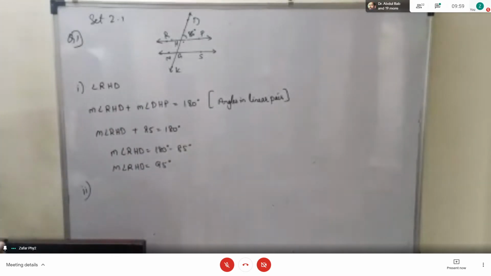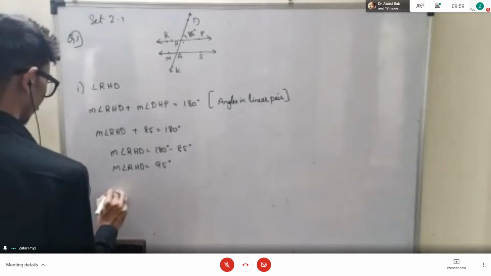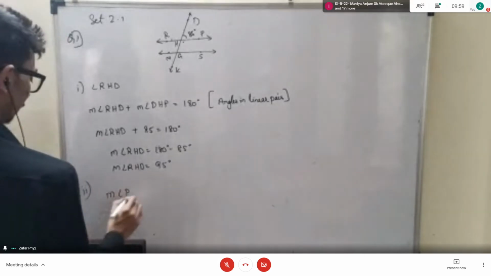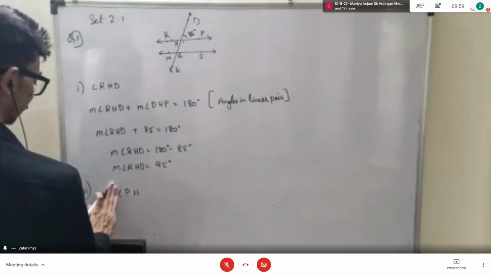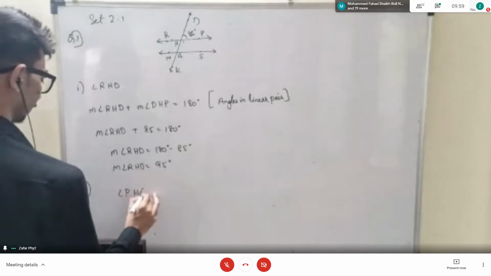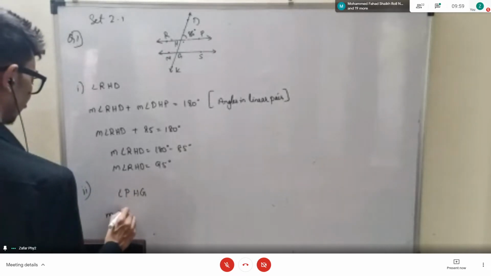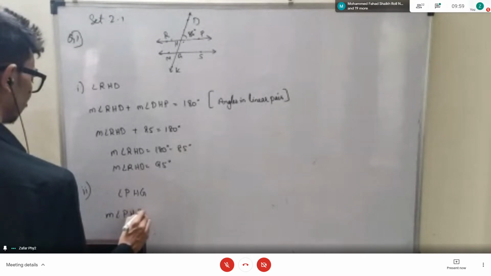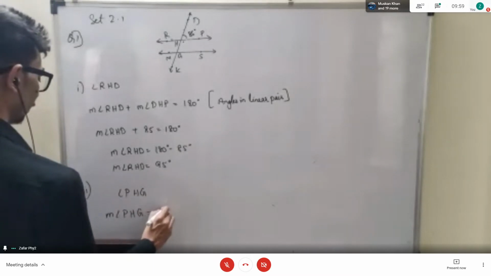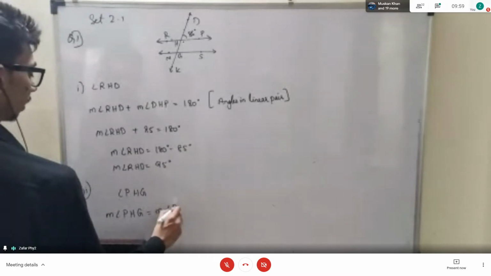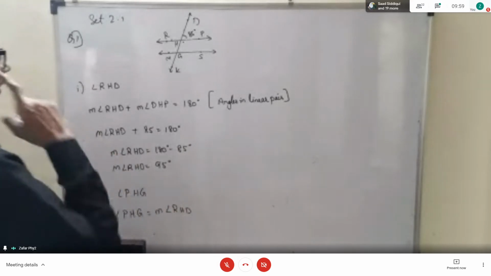That's it. Okay. Second, measure of angle PHG we have to find. So measure of angle PHG is equal to measure of angle RHD.